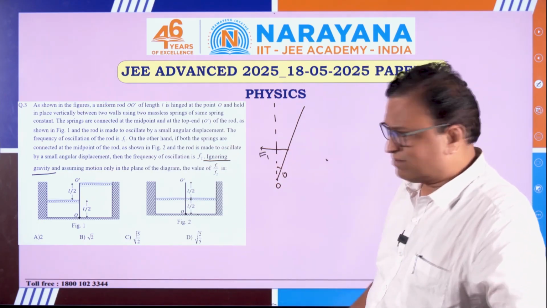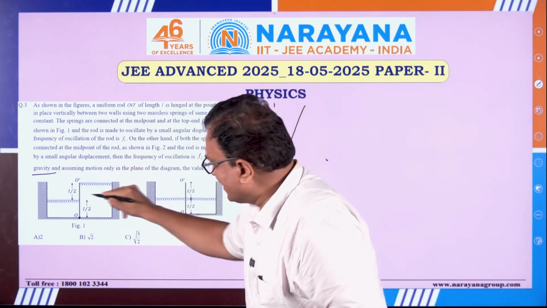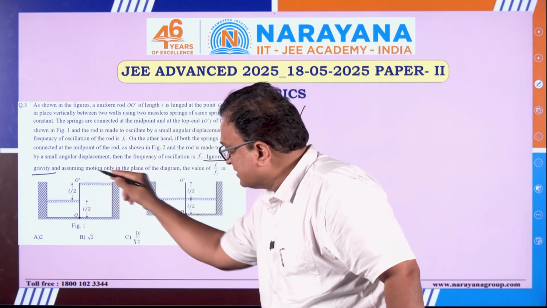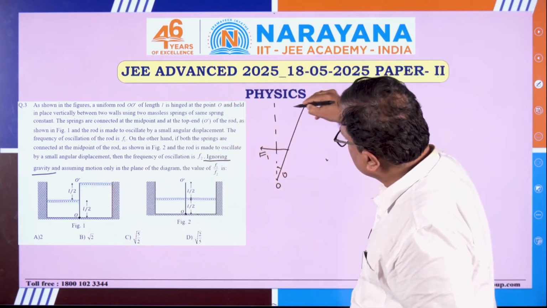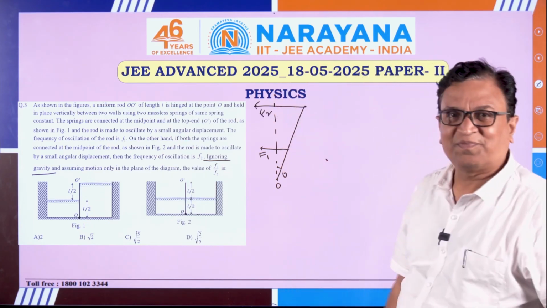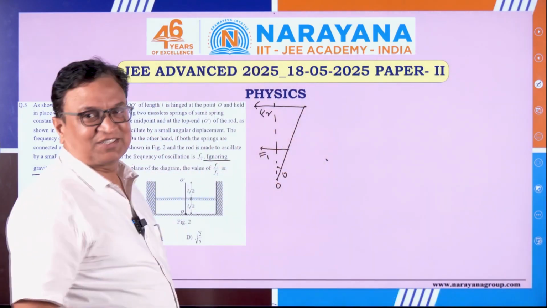I'll write it later. Here also, this portion of the spring gets compressed. Remember, this is elongated and this is compressed. So therefore, this will also experience a force F2, basically.